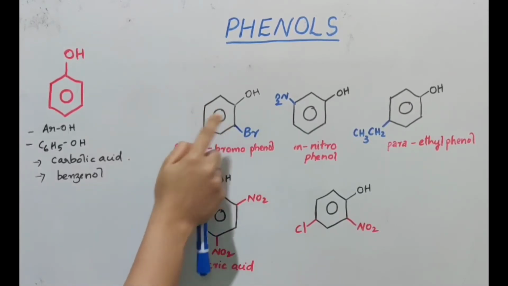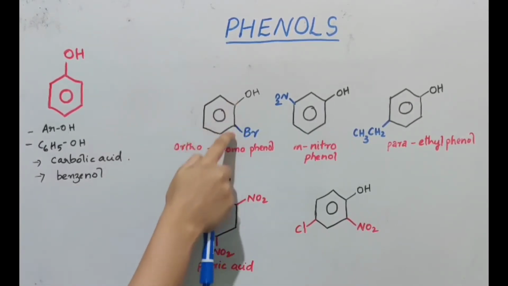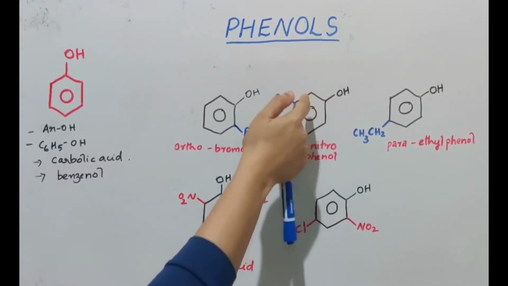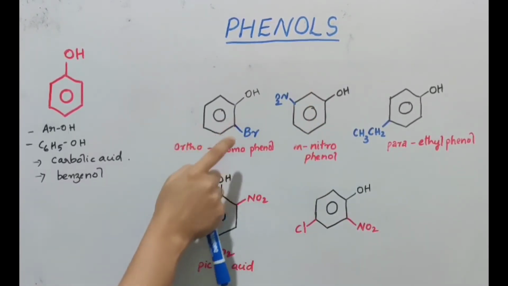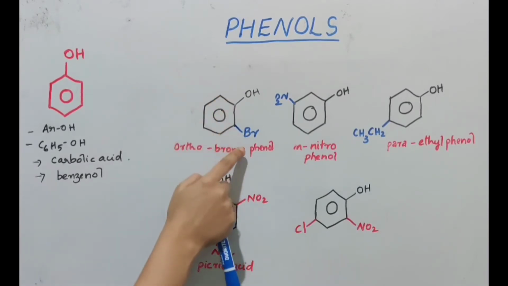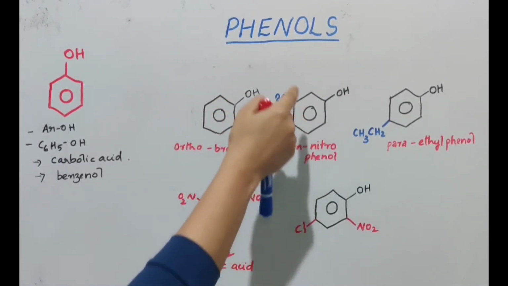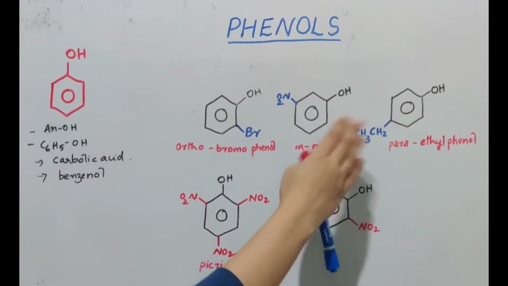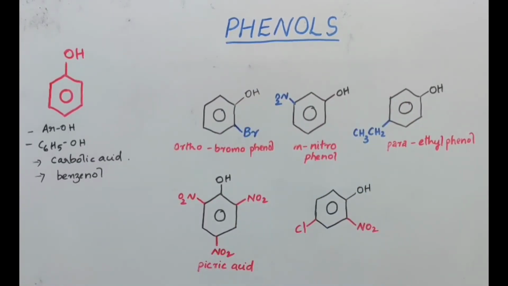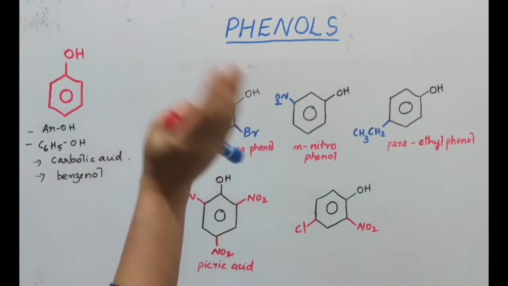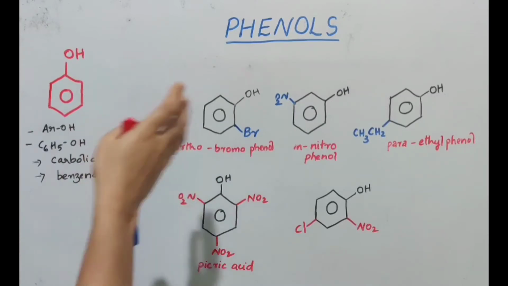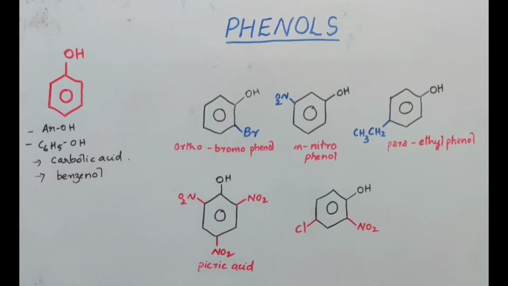The term ortho is for 1,2-disubstituted, meta for 1,3-disubstituted, and para for 1,4-disubstituted. That is, in the case of monosubstituted phenols, we use the terms ortho, meta and para to name the phenols.